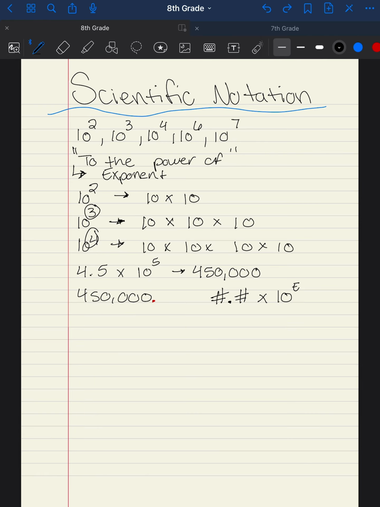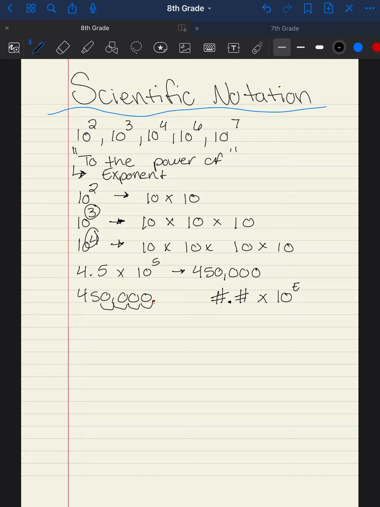I want it, again, to be a number other than 0 in the front. So, in order to get a number other than 0 in the front, let's see how many times I'm going to move my decimal. I'm going to move it 1, 2, 3, 4.